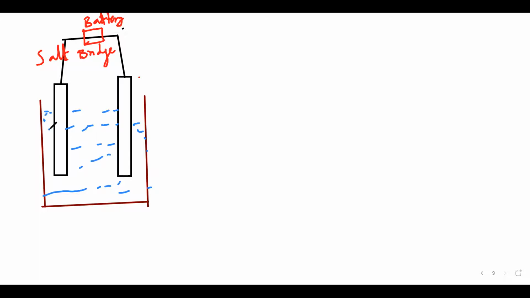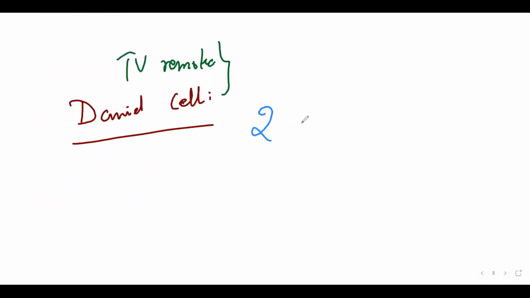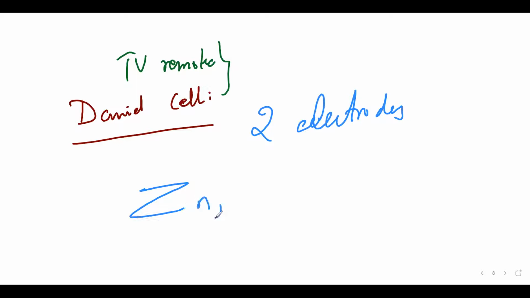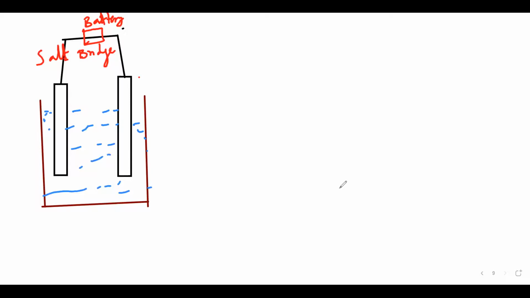So I'm discussing the Daniel cell, which consists of two electrodes. The first electrode is what? Zinc. Second is copper. So first I will give this as the zinc electrode. This is my copper electrode. And let this be in what? Copper sulfate solution, CuSO4 solution.